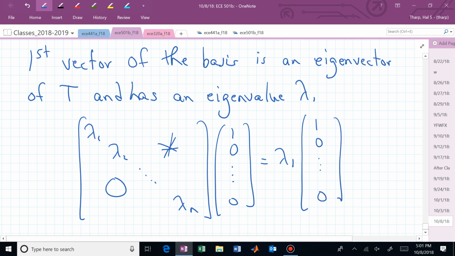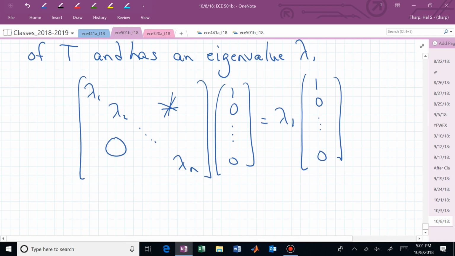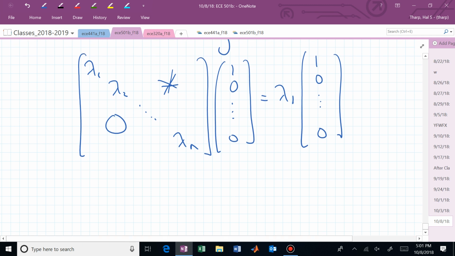I know that's true. And then I can just keep going with that idea. Just keep using eigenvectors as basis vectors.